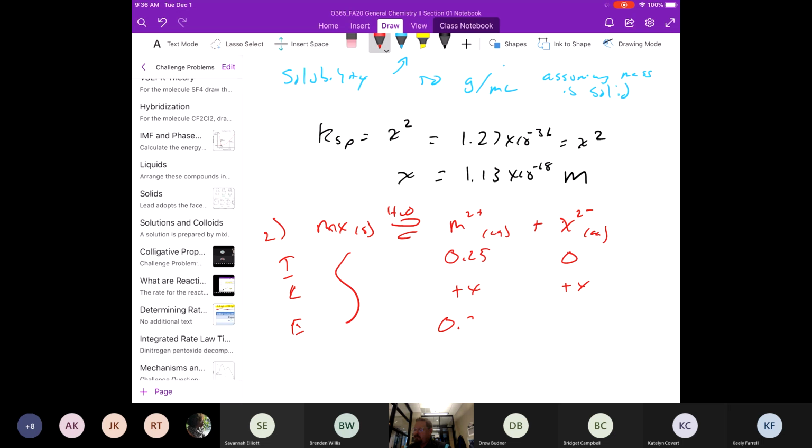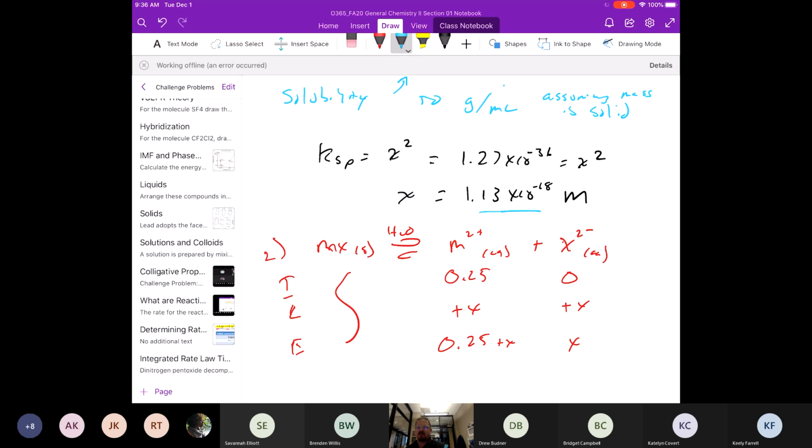So at equilibrium we would end up with these values. But before, when there was only water, we were seeing that we are only going to dissolve 1.13 times 10 to the negative 18th molar.